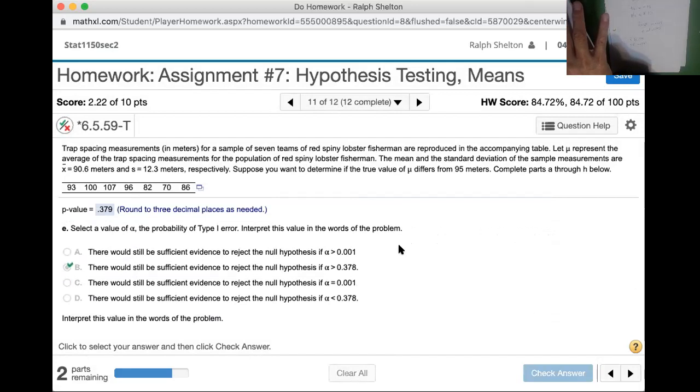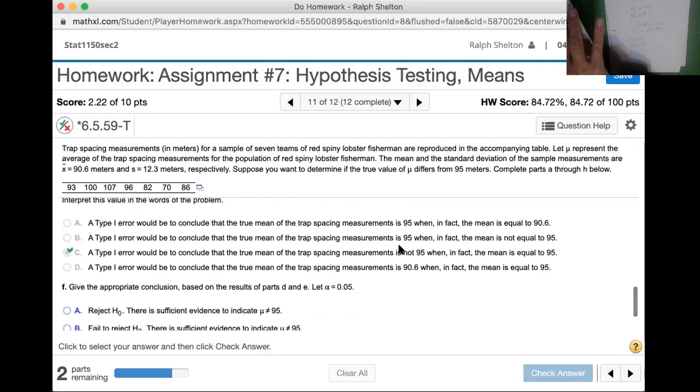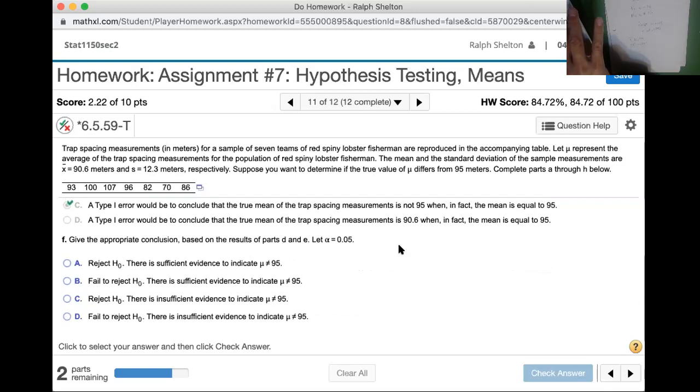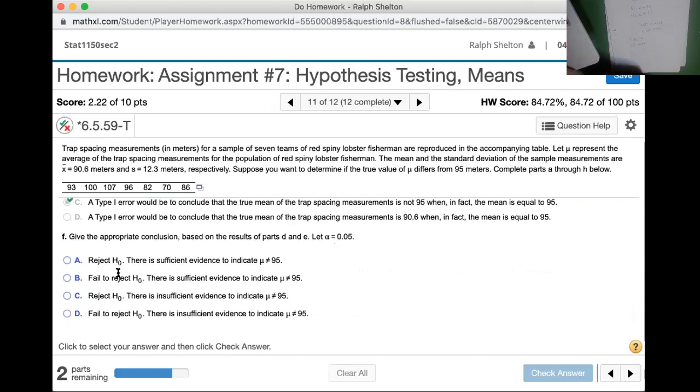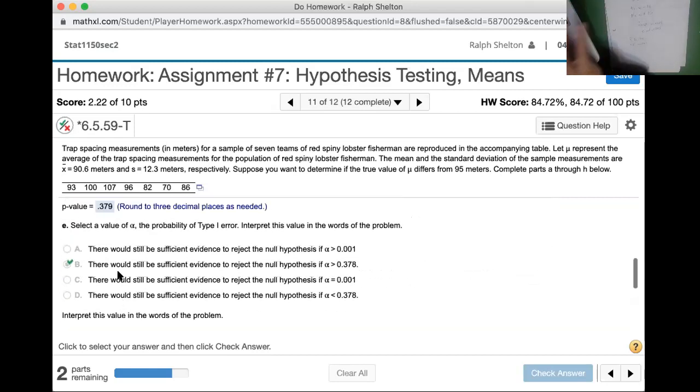Okay, D. Our p-value is 0.379. That's probably all we need. And E was this weird case of saying our significance level was greater than the p-value, basically.